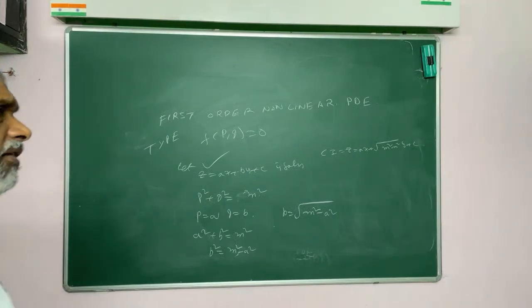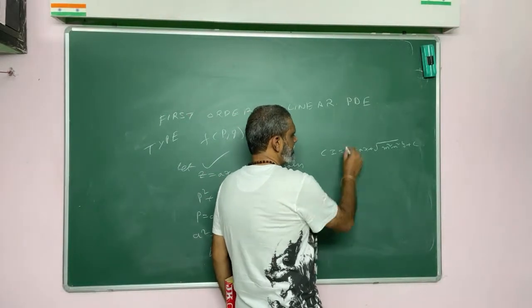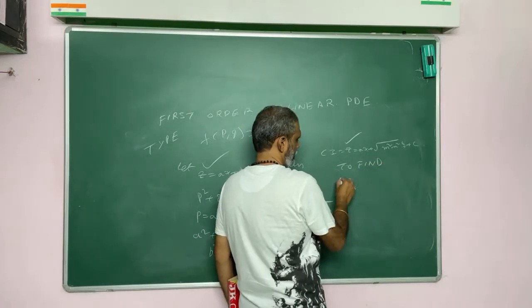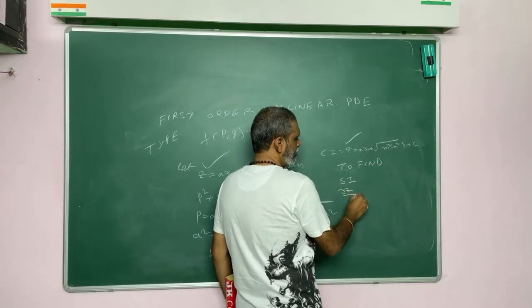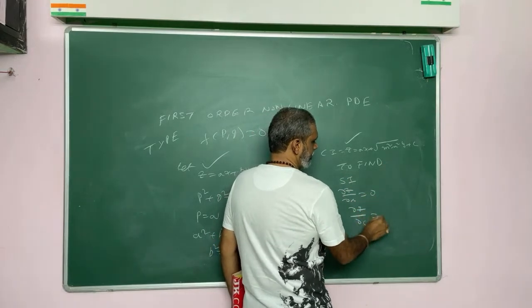In type 1, all problems you can write like a tape recorder. To find the singular integral, dou Z by dou A equal to 0, dou Z by dou C equal to 0.